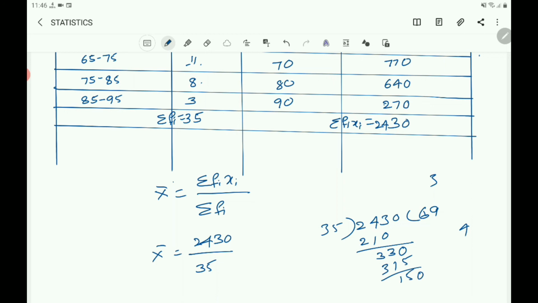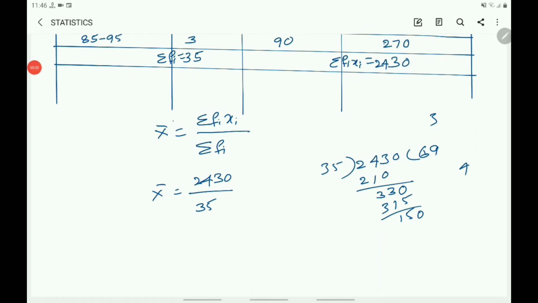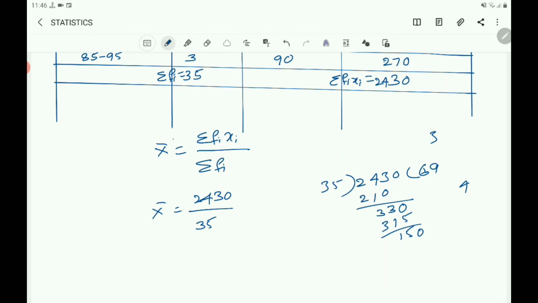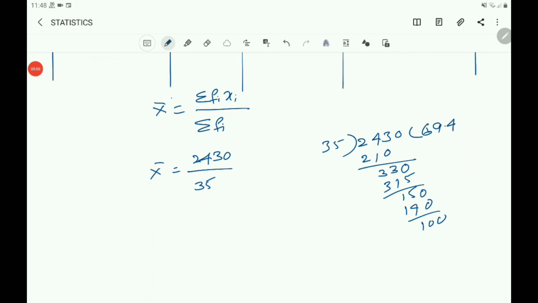Then you take 35 4s are, 5 4s are 20, 4 3s are 12 plus 2, 140, and that is 10 here. 100, you will 35 2s are 70, 100 minus the 70 is 30, put 0, and you can have 35 9s are 9 5s are 45, 3 9s are 27 plus 4, 31, it becomes more.